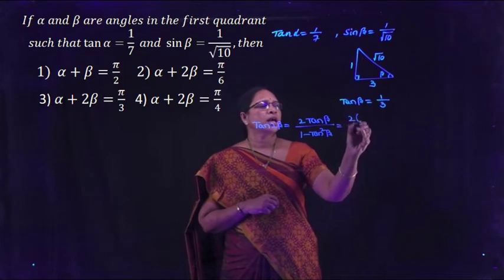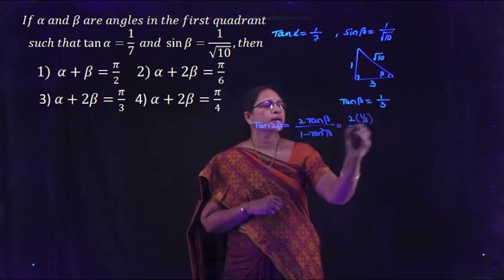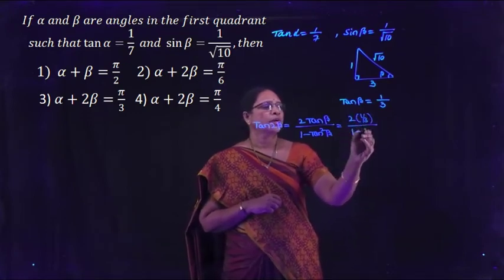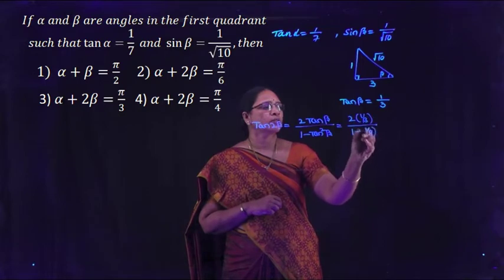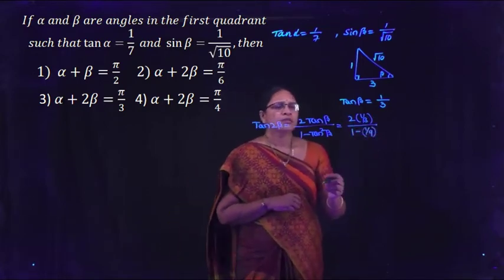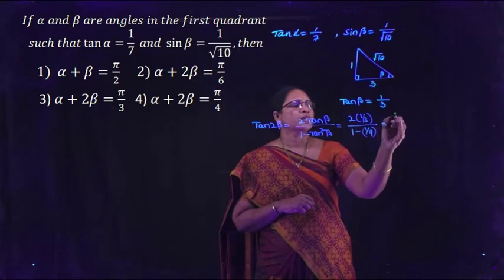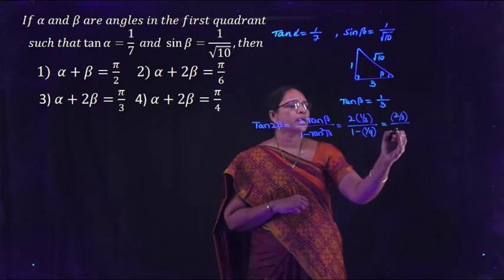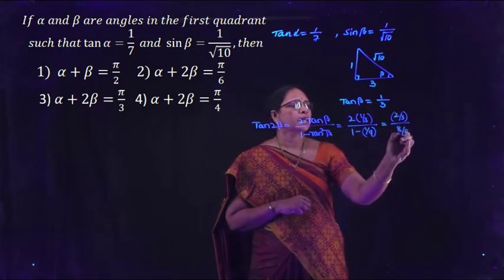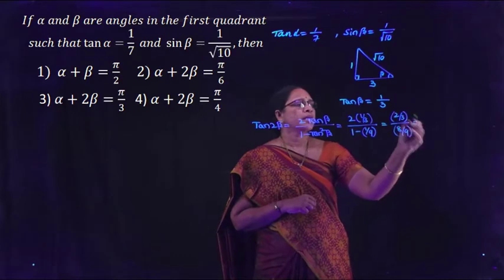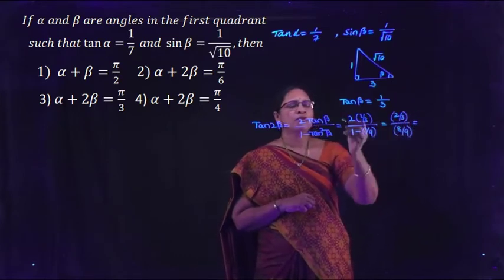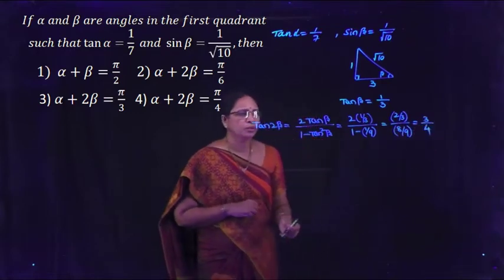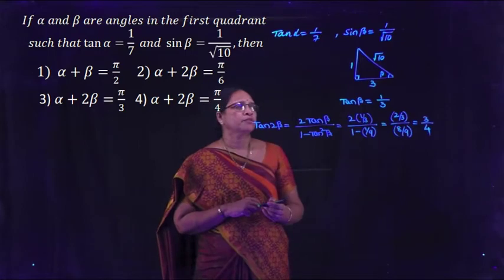We get 2 into 1 by 3 by 1 minus 1 by 3 whole square, that is 1 by 9. Further simplification, we get numerator is 2 by 3, the denominator is 1 minus 1 by 9, that is 8 by 9. By rearranging, we get the value of tan 2 beta is 3 by 4.